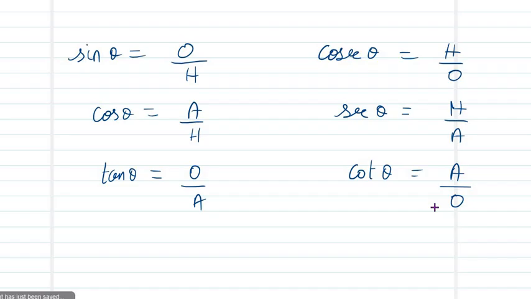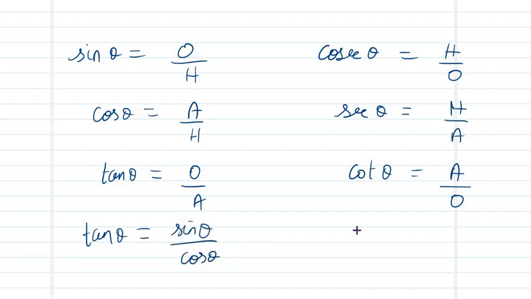Here are the different trigonometric ratios that we have, and we know here that tan theta equals sin theta by cos theta. So can we say cot theta equals cos theta by sin theta? Yes, of course, they are reciprocals of each other. So we can just simply take the reciprocal of this value to get cos theta by sin theta. You may also write cot theta as the ratio of the remaining two, cosecant and secant.